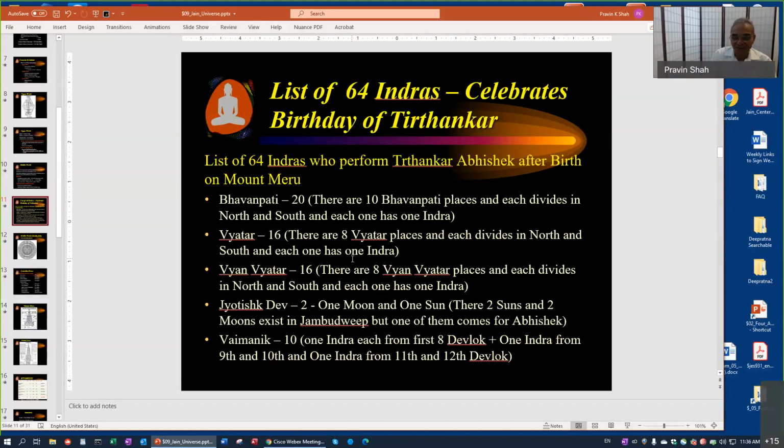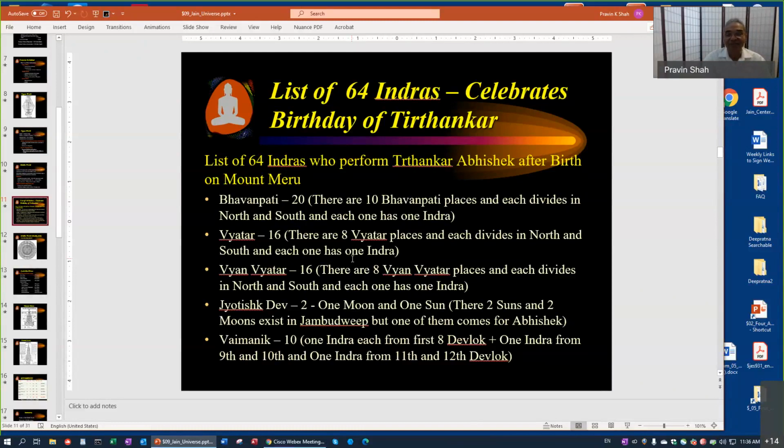Then there are the Vyantar. The Vyantar live above the first Narki, but in the Madhya Lok. The Madhya Lok extends 900 yojan below the surface, and that is still considered the Madhya Lok. That is where the Vyantar live.